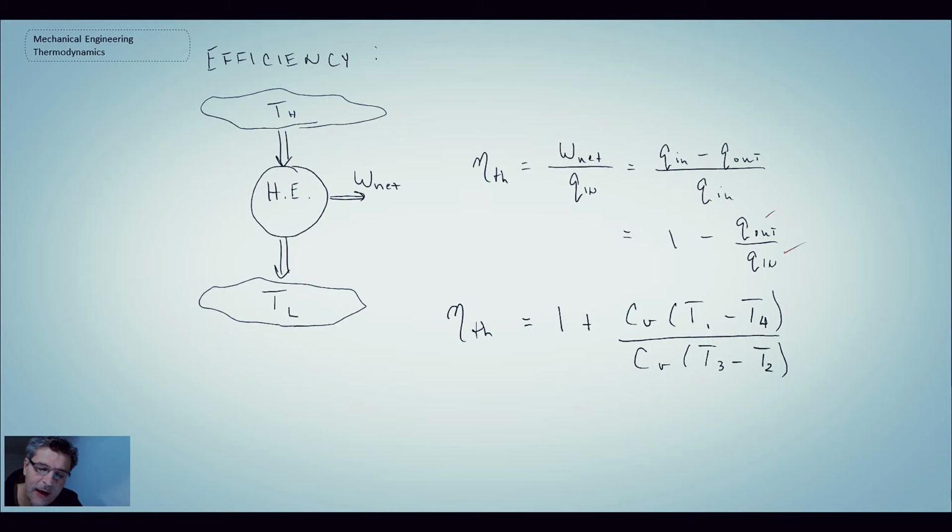So we obtain that expression. The CVs are common, and so they cancel out here. However, we did make an approximation that they were constant, enabling us to do that. So be a little careful with that. And finally, when we go through and combine terms here, what we obtain is the thermal efficiency for the Otto cycle.